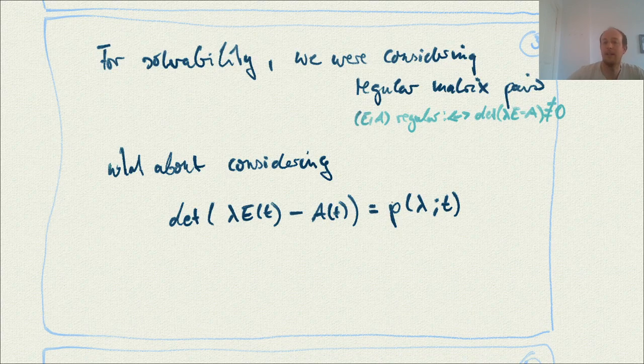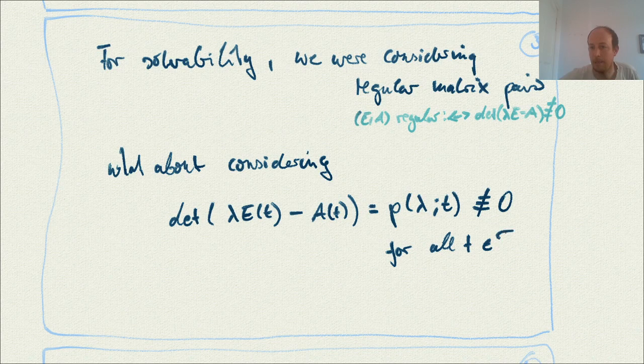So for every t, this will be again a polynomial in lambda, and then it sounds very sensible to require that this is not identically zero for all lambda, no matter what the t was. So for all t in this interval.